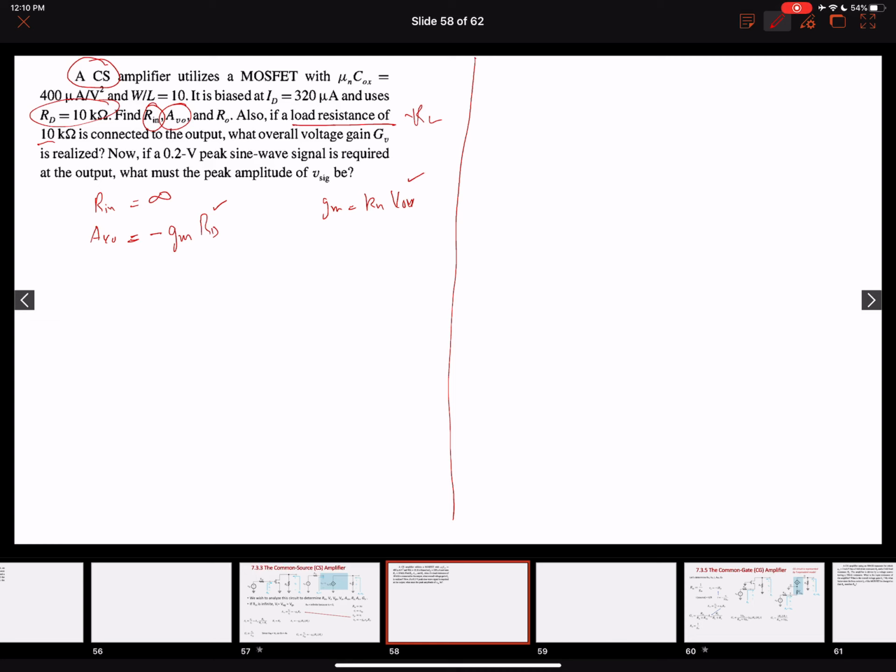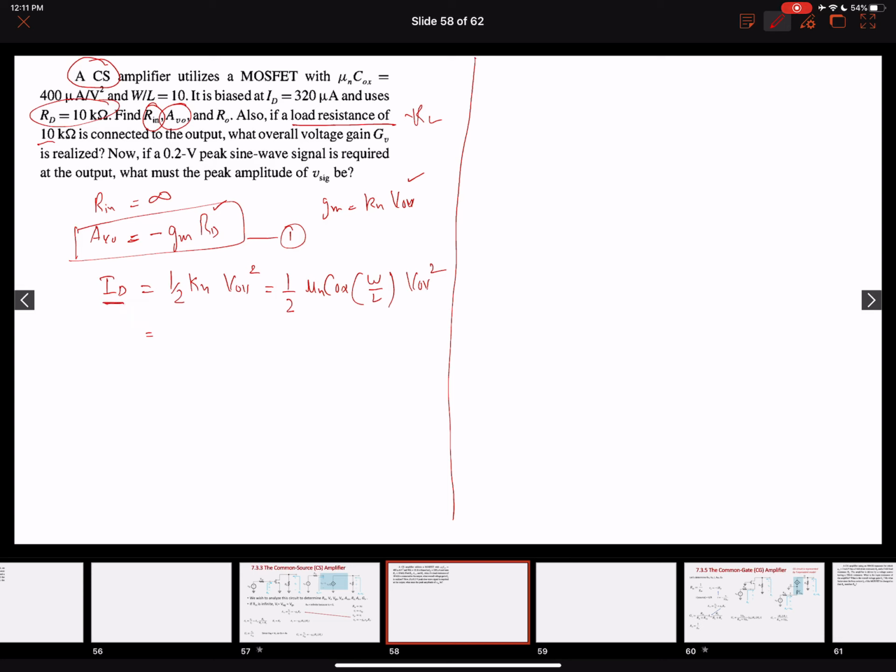Since we are using this MOSFET as an amplifier, I can use the drain current equation for the saturation region. For saturation, it will be half Kn VOV whole square. So it is half mu n Cox W over L VOV whole square.